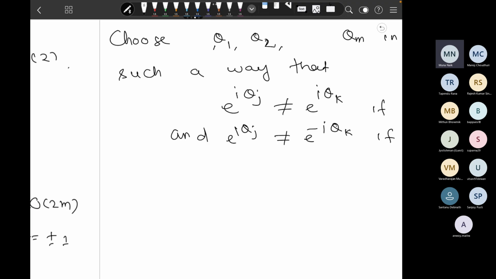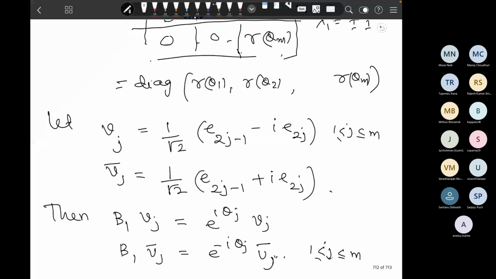So that means the eigenvalues of this thing are distinct.